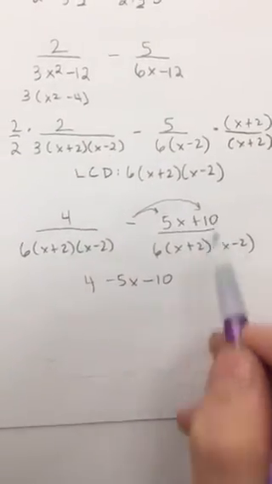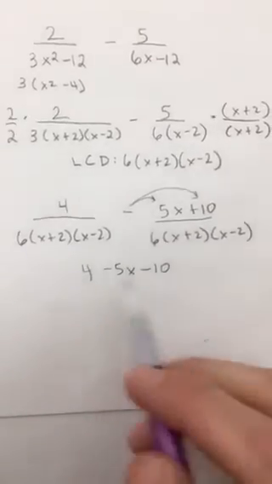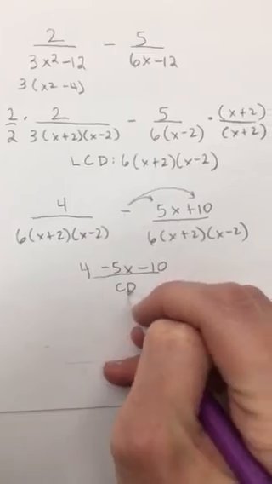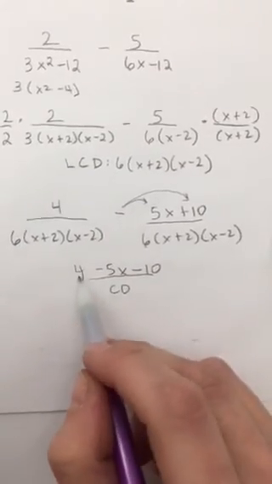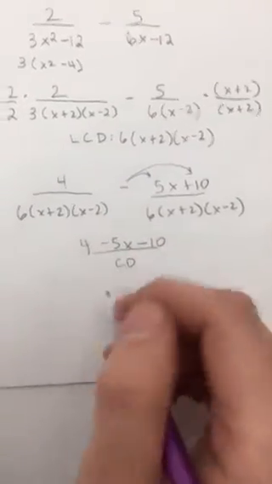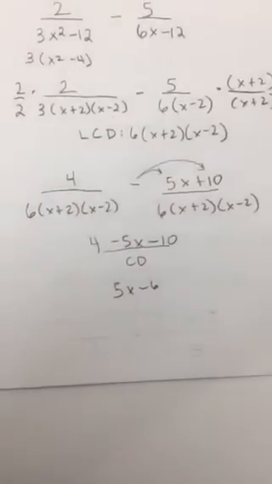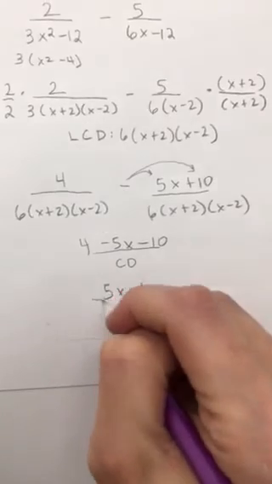This is really a common error that I've noticed many times. All right, before I write down my actual common denominator, I'm going to combine my like terms. Let's see, 4 minus 10 gives me a minus 6. And then all over that common denominator.